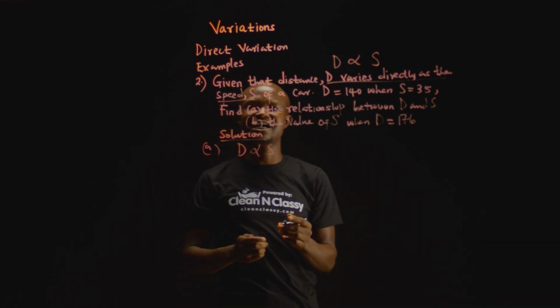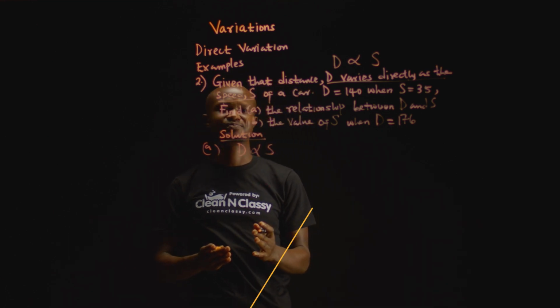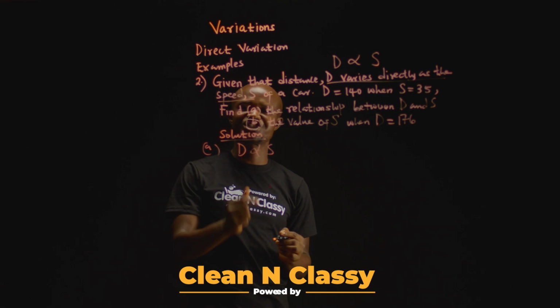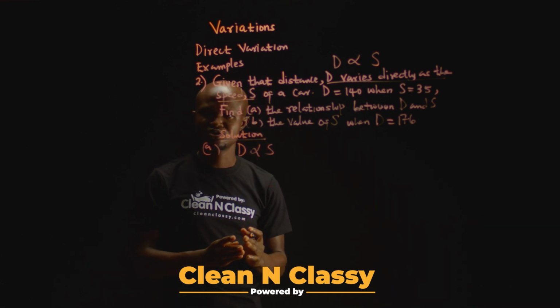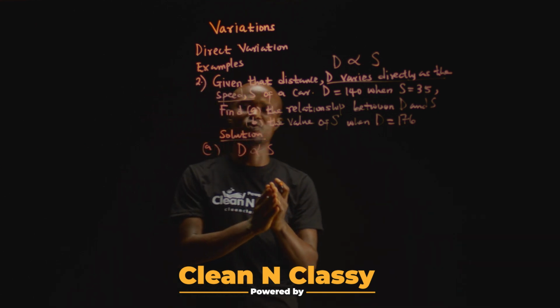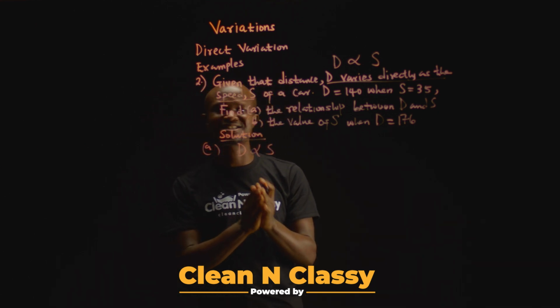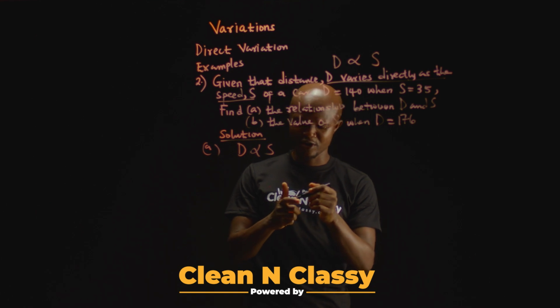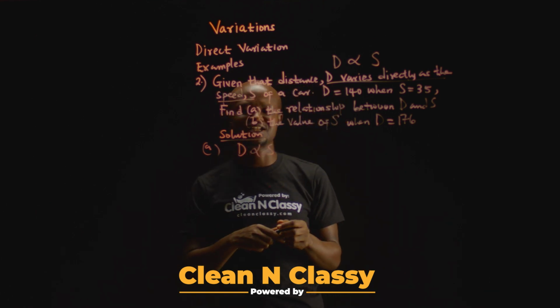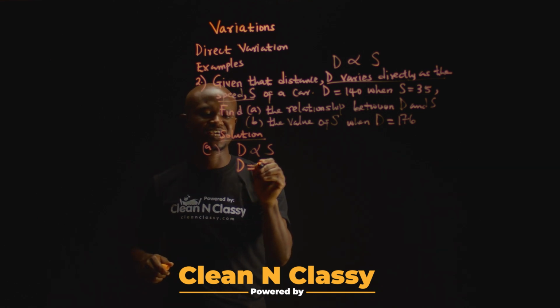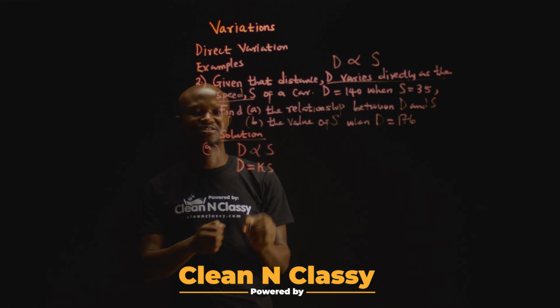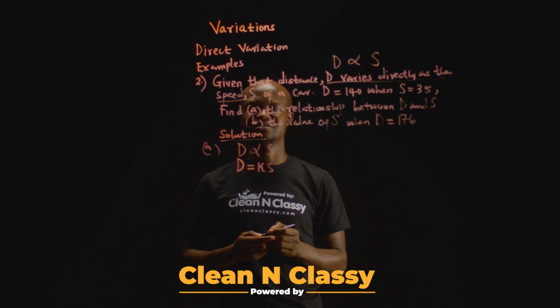This is the mathematical representation of that. Now, we need to change this symbol by introducing the equality symbol and the constant of proportionality. d equals ks.